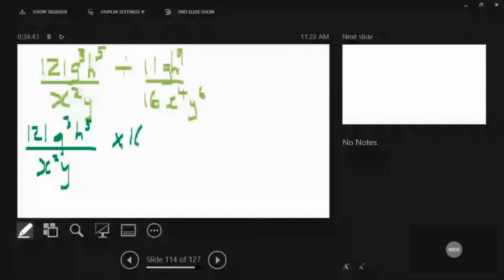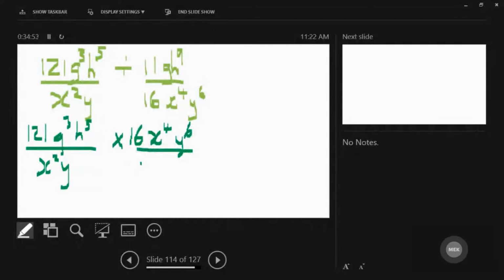So we're going to have 16x to the fourth, y to the sixth. What's in the numerator is now in the denominator. G h to the 9. And we're going to see now what cancels what at the bottom. Top to bottom or diagonal, right? So 11 into 121 goes 11 times.